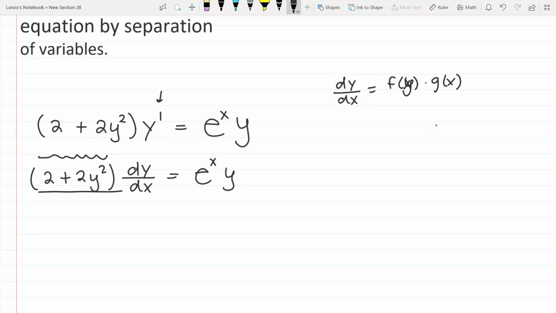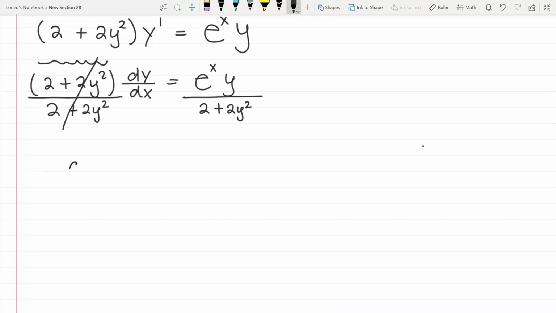We're going to divide by itself. This cancels, and on the left side you're left with dy/dx equals e^x y over 2 + 2y². Now it is separable.